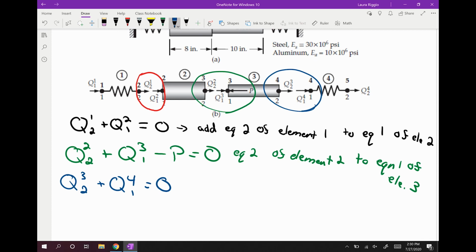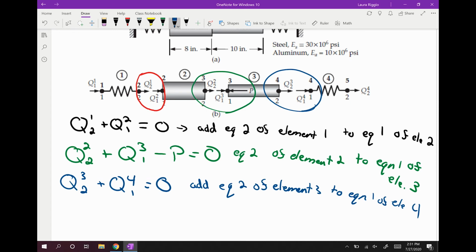Again, if there's no applied force at that point, the sum of the forces at the two nodes from your elements has to be equal to 0. And this would be adding equation 2 of element 3 to equation 1 of element 4.